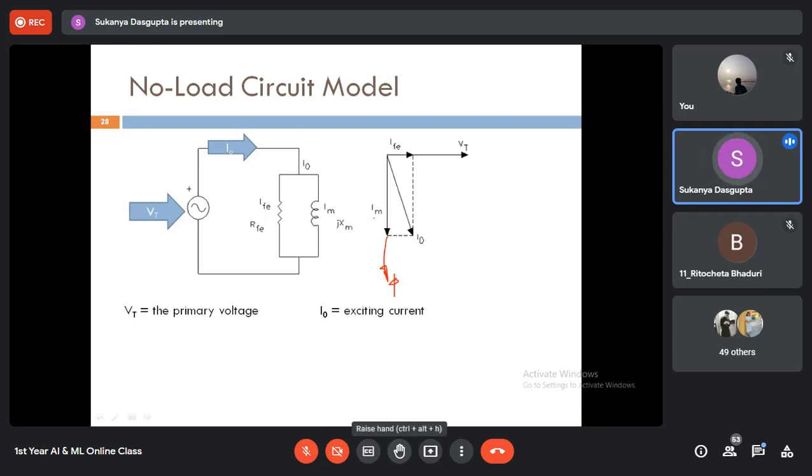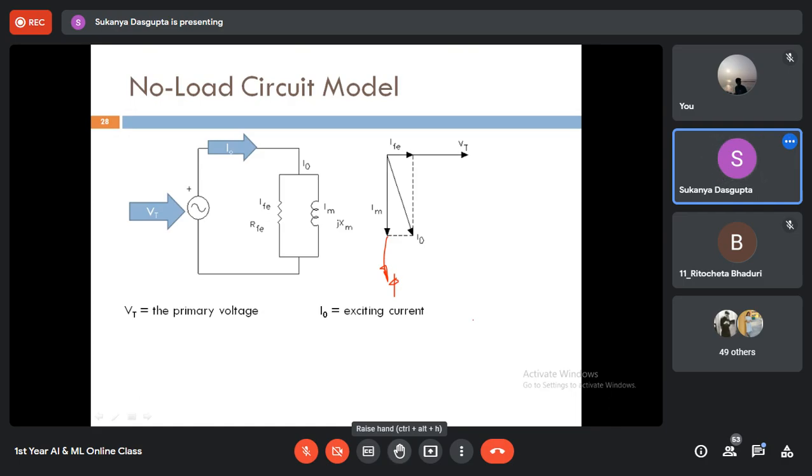Im, the magnetizing current, will always be in phase with phi, because Im is the responsible factor for the magnetization of the core. Because if the core is not always magnetized, then there will be a fluctuating nature of the flux phi, the mutual flux within the core, which is not desirable.